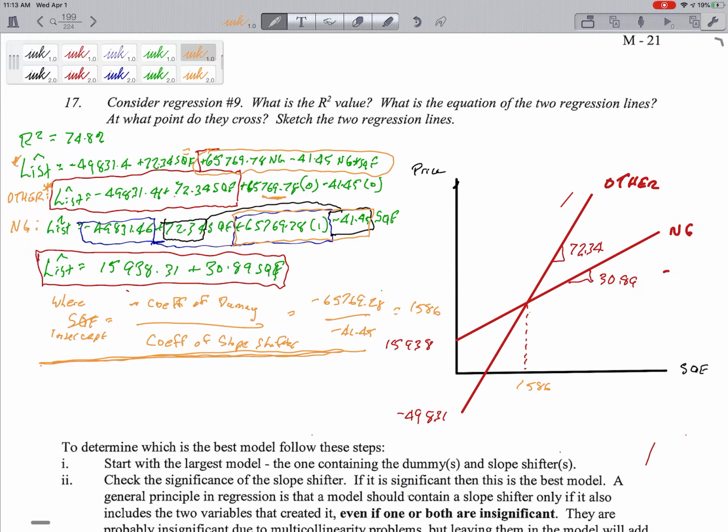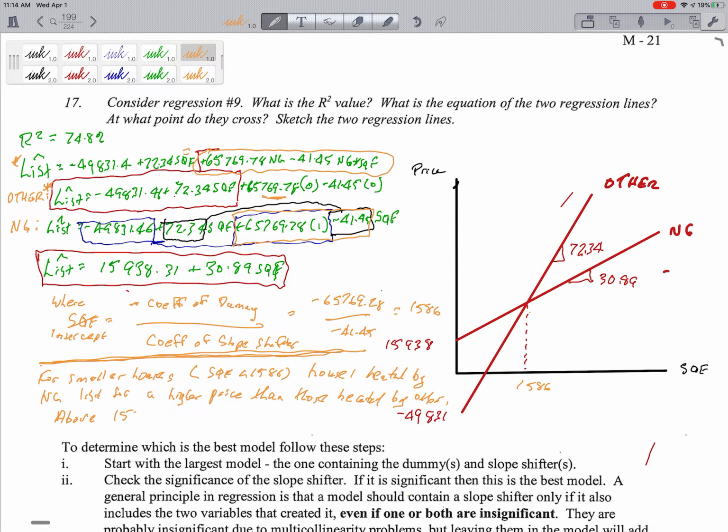What we can conclude here is that for smaller houses, with square footage less than 1,586 square feet, houses heated by natural gas list for a higher price than those heated by other methods.